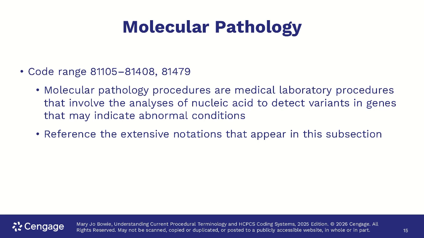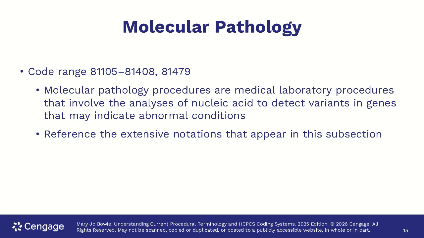All right, molecular pathology. So, this particular subsection is used to report medical laboratory procedures that are completed to analyze nucleic acid to detect variants in genes. These codes are organized based on the specific gene being analyzed, and the names of the genes are described as per the gene name approved by Hugo.